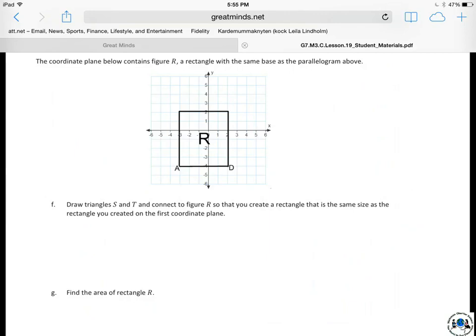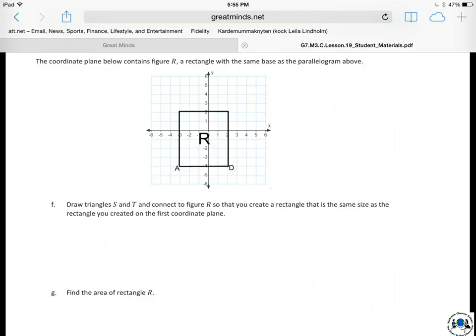Okay, so this coordinate plane below contains a figure R, and it's a rectangle with the same base as the parallelogram above, or I guess it's above in your binder, but it's the parallelogram that we just worked with. It shares that base AD. Your pursuit right now is to draw triangles S and T and connect them to figure R so that you create a rectangle that is the same size as the rectangle you created on the first coordinate plane.